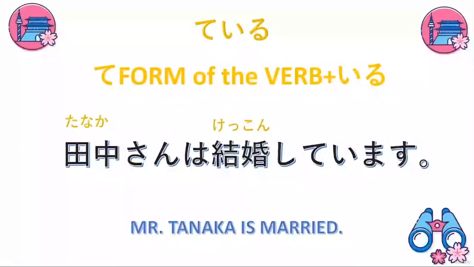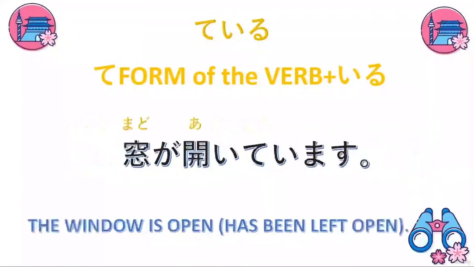Or for a state or condition, as I have mentioned before, 田中さんは結婚しています. So Mr. Tanaka is married. 窓が開いています. So 開いている, to be open.